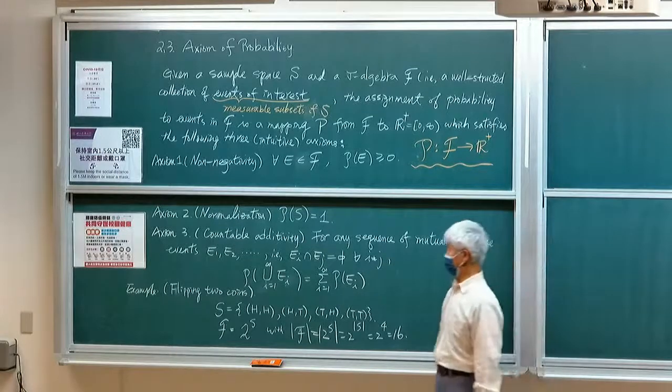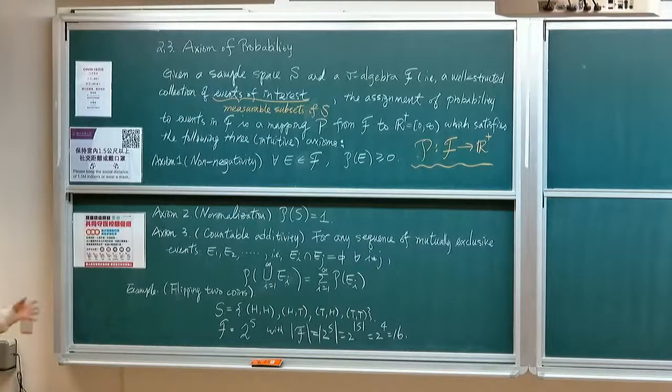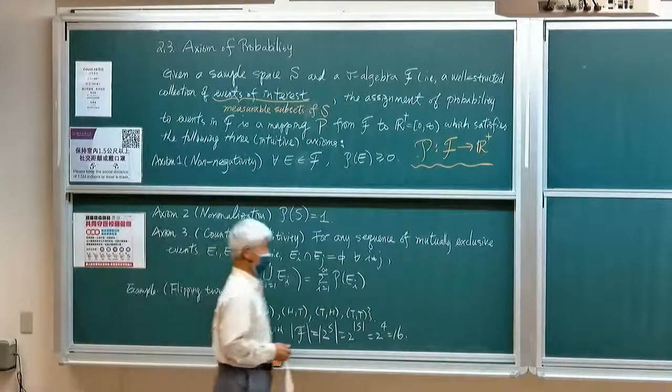So we have only 16 possible events to consider. So this is not a complicated problem. Questions?